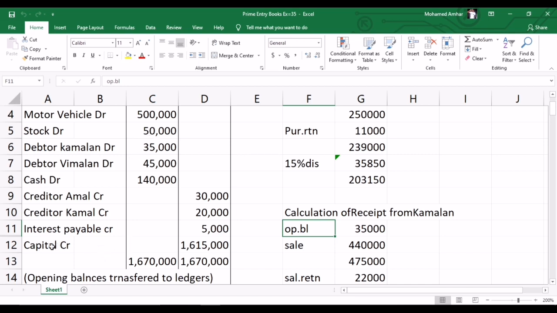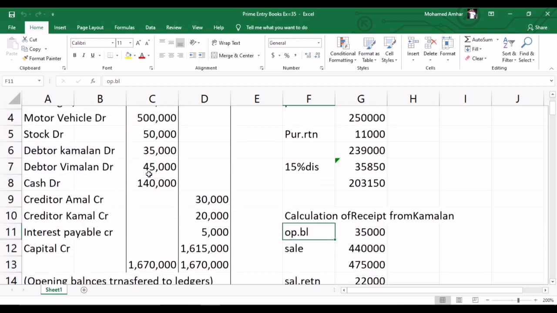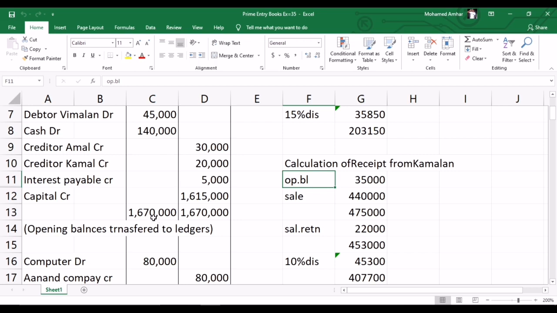But capital is not given. You have to find out the capital. How will you find out this capital? You have to get the total of assets. The total of assets is 1,670,000. From this total of opening assets, deduct the opening liabilities. These are the liabilities given: 30,000, 20,000 and 5,000, which total 55,000.